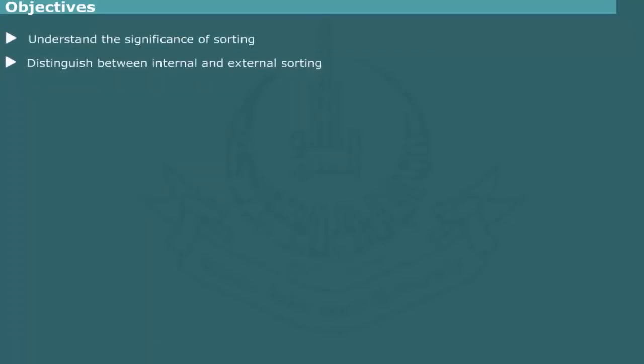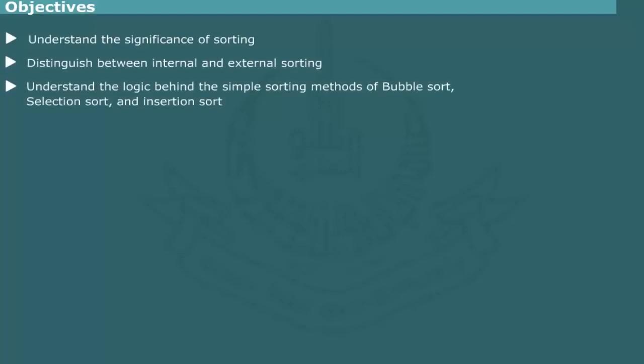Objectives. After completing this unit, you should be able to understand the significance of sorting, distinguish between internal and external sorting, understand the logic behind the simple sorting methods of bubble sort, selection sort, and insertion sort.